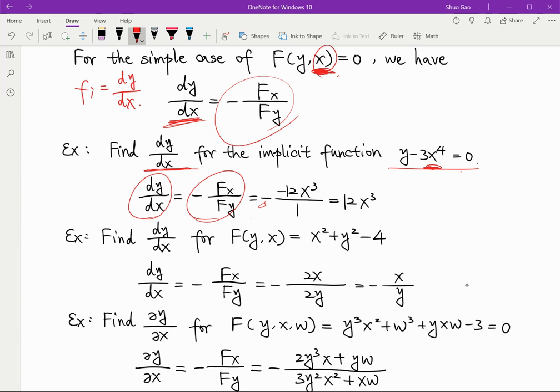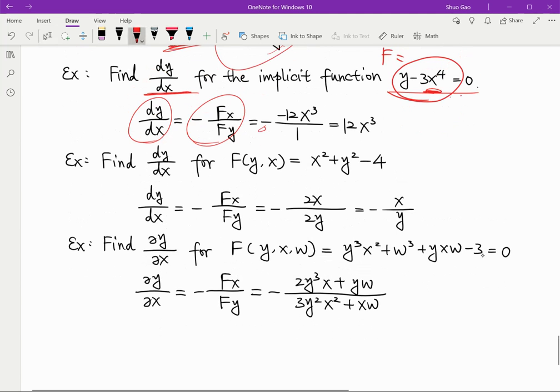Big F is this expression. The partial derivative of big F with respect to x is minus 12 times x cubed, over big F_y, the partial derivative of big F with respect to y, which is just 1. So this is 12 times x cubed.